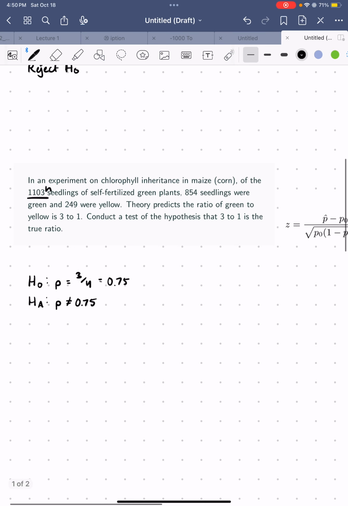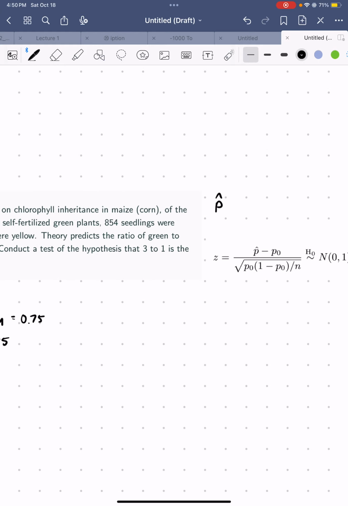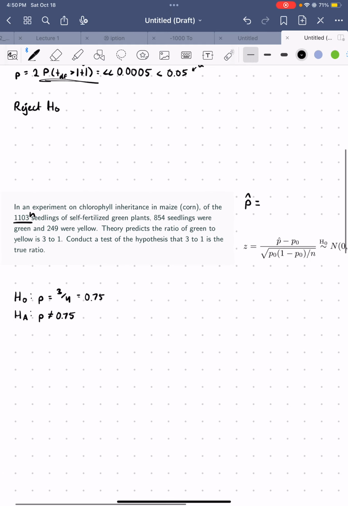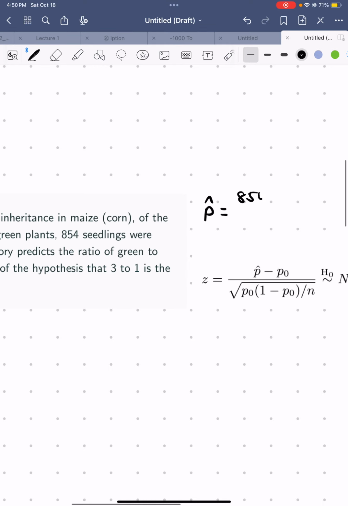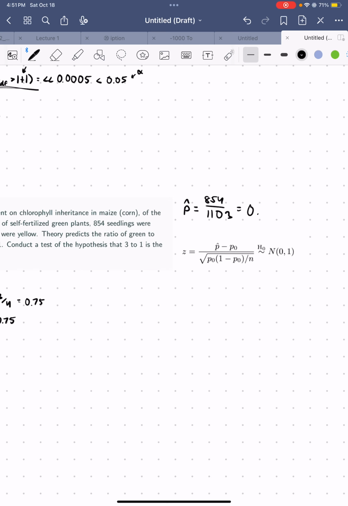So our ratio for green is our p hat, which is equal to 854 divided by 1103. And that is equal to 0.7743.